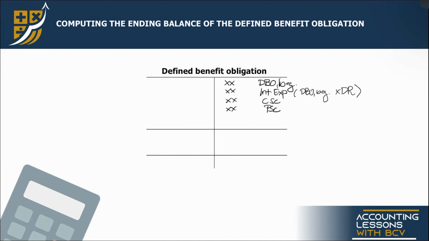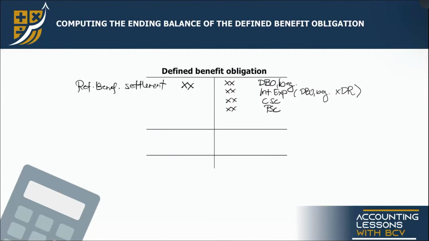Then, ano yung nagpapa-decrease kay defined benefit obligation? Okay? So dito, ano ang pwedeng magpa-decrease kay defined benefit obligation? Siyempre yung mga settlements. No? These are what we call retirement benefits settlement.